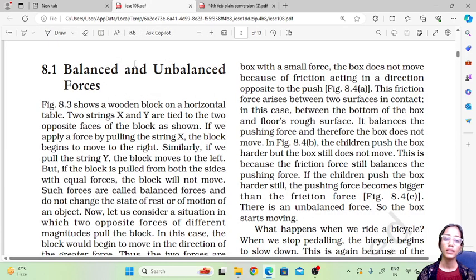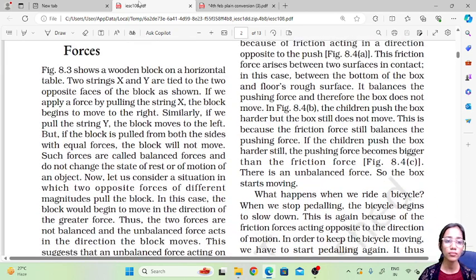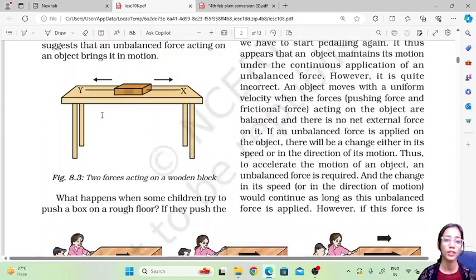Now depending on what is applied on the object, there are two types of forces. There are balanced forces and there are unbalanced forces. Now we will see an experiment over here. This is a wooden block and there are two strings attached on both the sides. This is the X string and this is the Y string.